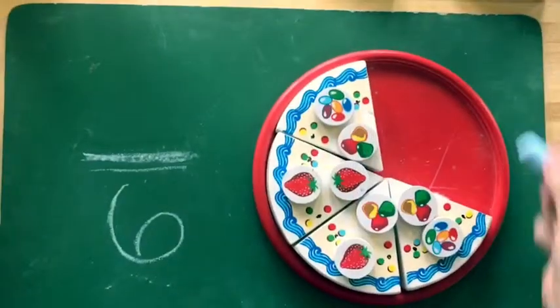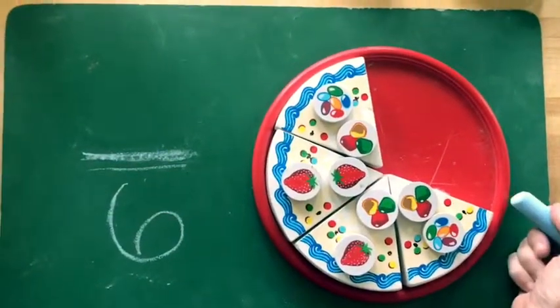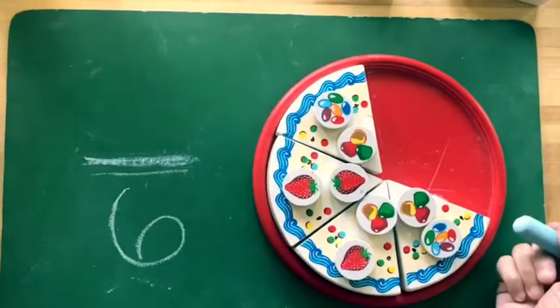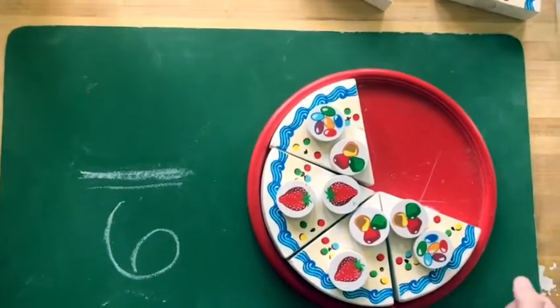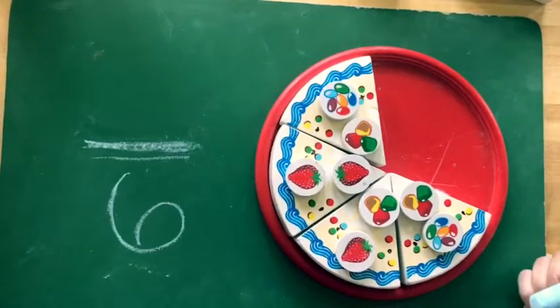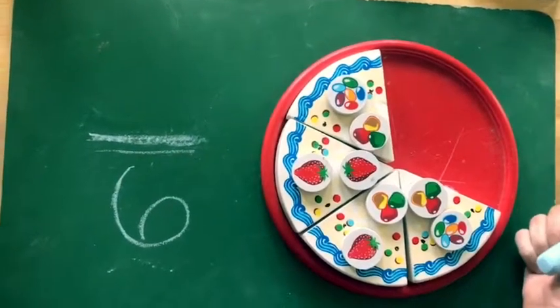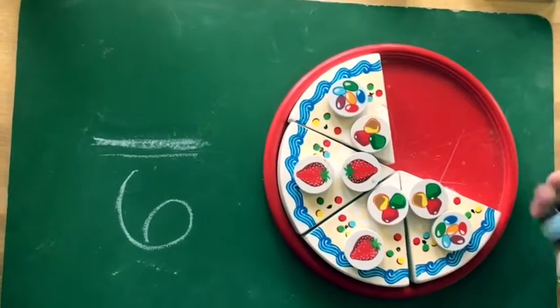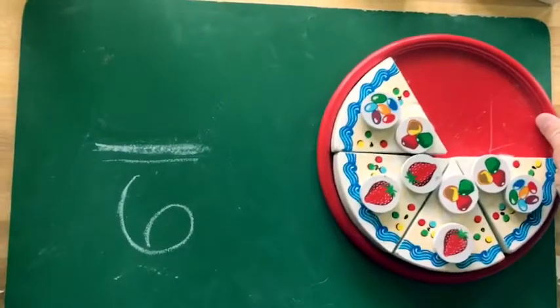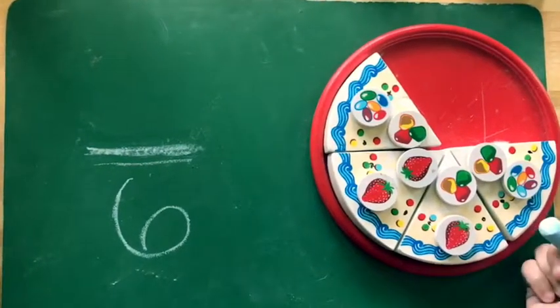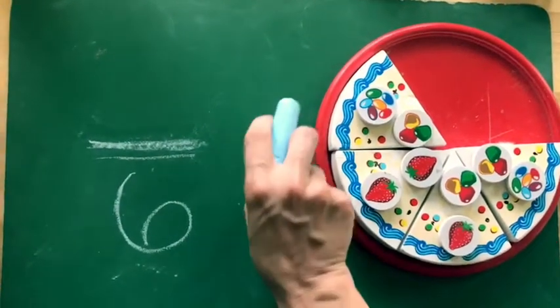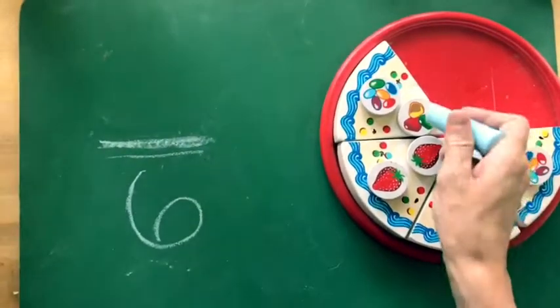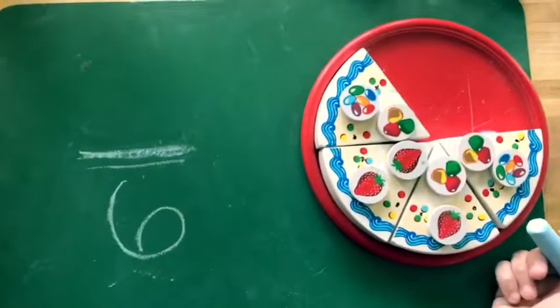Now let's say we want to find how many pieces are missing. Let's pretend that little Timmy ate too much cake, and Mom wants to know how much cake he had because now his tummy's hurting. So she's curious. Well, we know that in order for the cake to be whole, there were 6 slices, and there are only 1, 2, 3, 4 left.